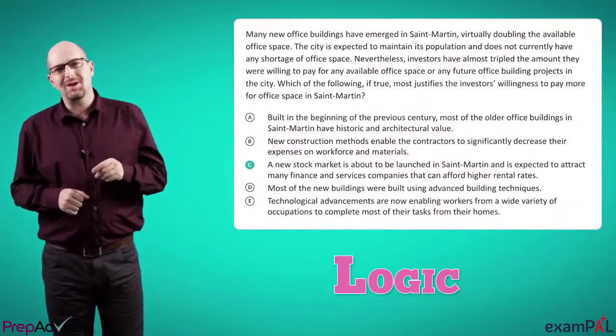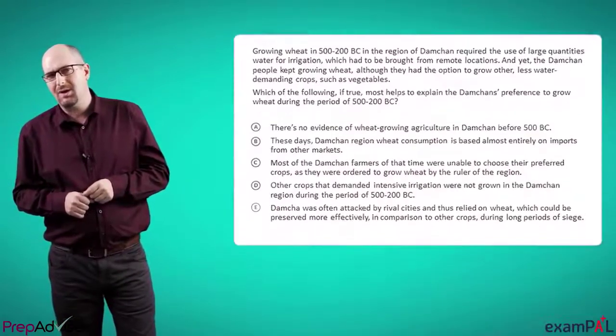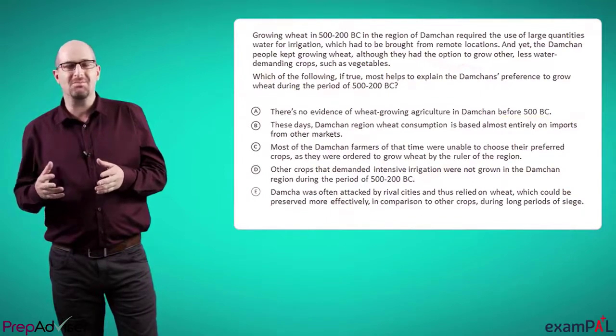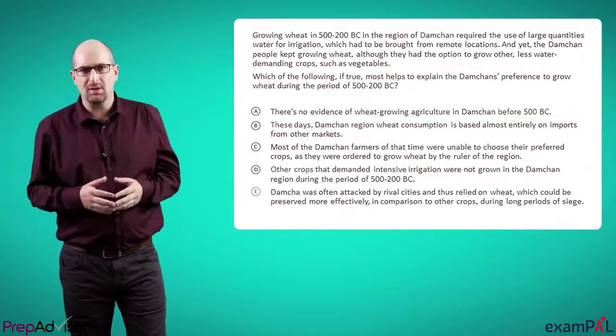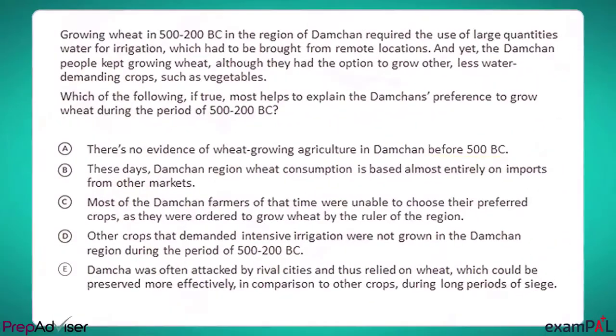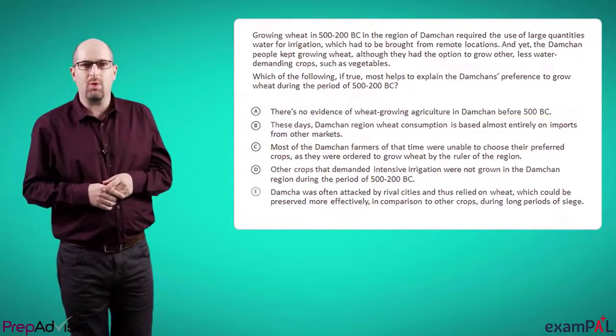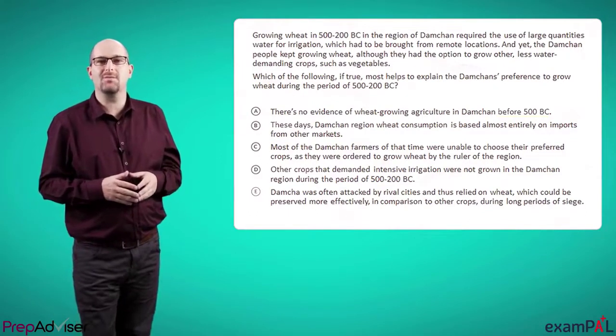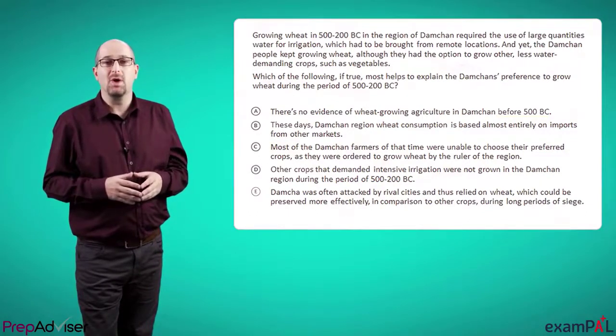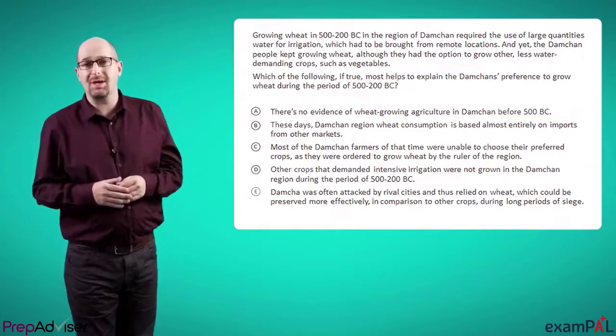Sometimes, though, the question doesn't give us enough to go on, and we'll simply have to, as a matter of last resort, look at the answers. Growing wheat in 500 to 200 BC in the region of Damchan required the use of large quantities of water for irrigation, which had to be brought from remote locations.